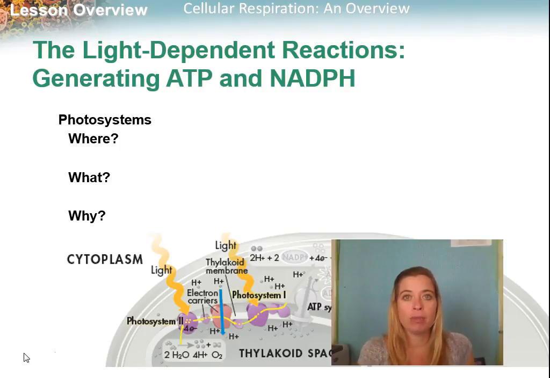The photosystems are very important because they actually are what capture the sunlight in order to make the high-energy molecules. The photosystems are found embedded in the thylakoid membrane. Remember, the thylakoids were those stacks of green pancakes inside the chloroplast. So the photosystems are embedded in all of those stacks of pancakes.